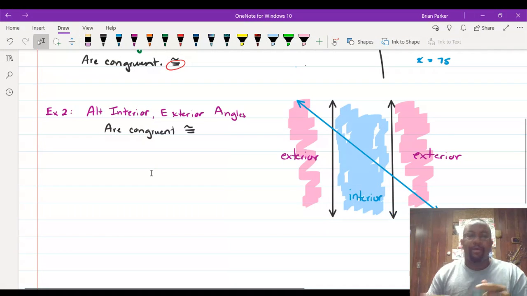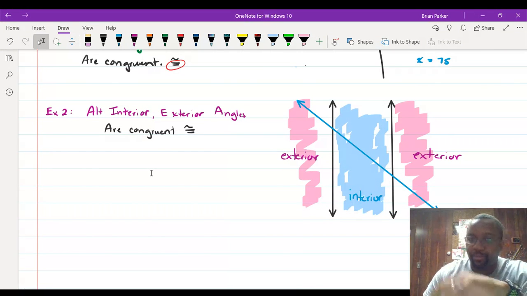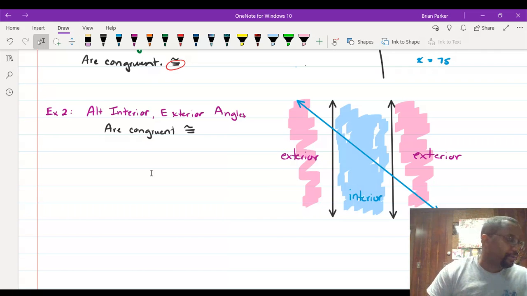The other ones that are congruent are alternate interior and exterior angles. Those angle relationships are congruent as well.